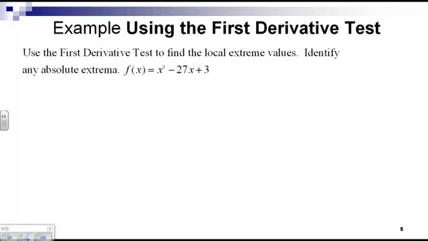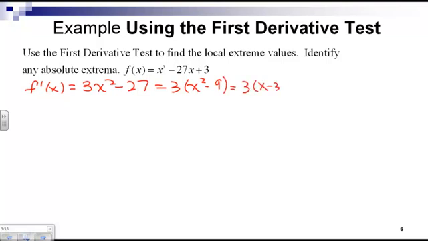Okay. If we're going to use the first derivative test to test extrema for this function, our methodology is going to be first looking at the derivative of that function. In this case, 3x squared minus 27. I think I can clean that up to 3 times x squared minus 9, or 3 times x minus 3, x plus 3.